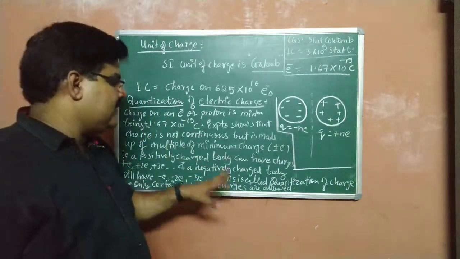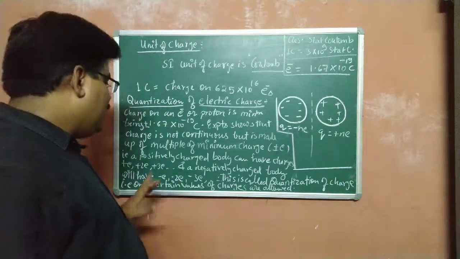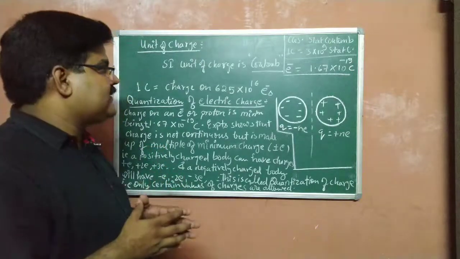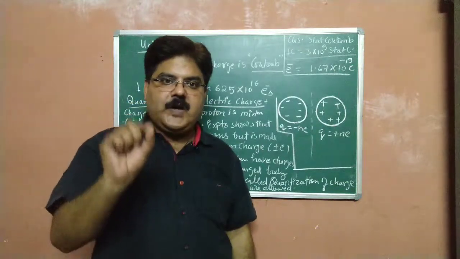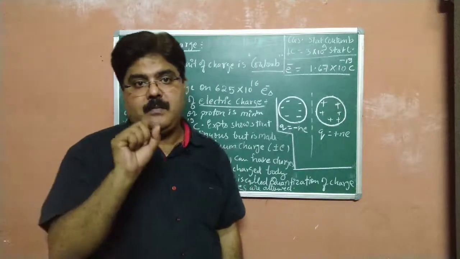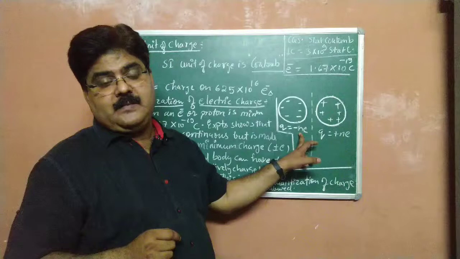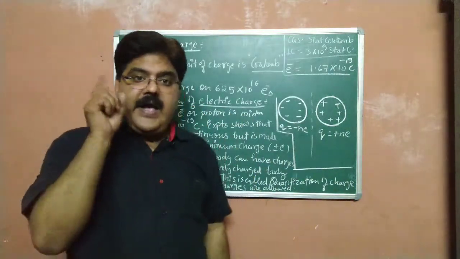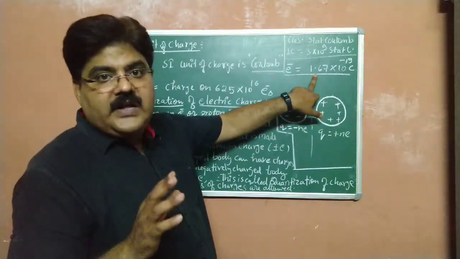This theory relates to the quantization of charge, and it allows only certain values of charge to exist in nature. Suppose somebody says a body has 4.5 into 10 to the power minus 19 coulomb. Is it right? No, it is wrong, because when you apply the charge quantization, Q equal to nE, with e equal to 1.6 into 10 to the power minus 19, there is no integer n giving 4.5.